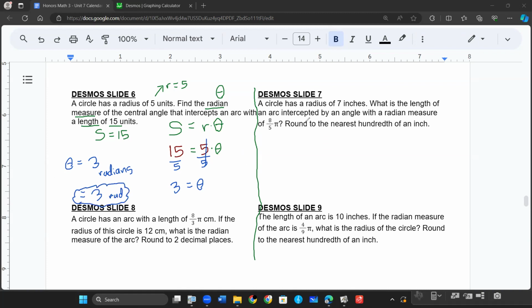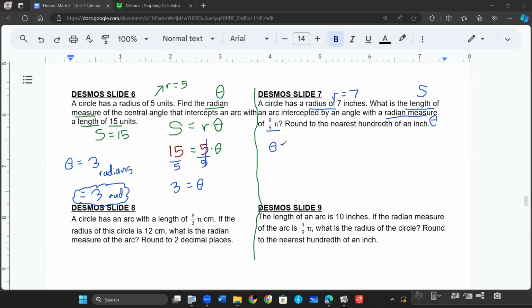Let's look at number 7. A circle has a radius of 7 inches. What is the length of an arc? Length is S, intercepted by an angle with a radian measure of 8/5 pi. Well, radian measure is theta. We're actually given that, okay?